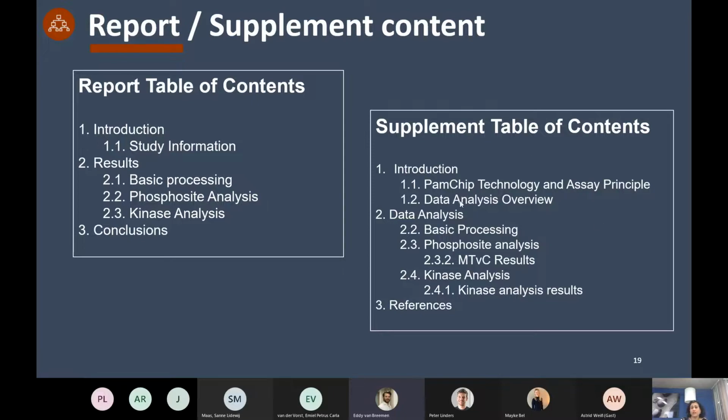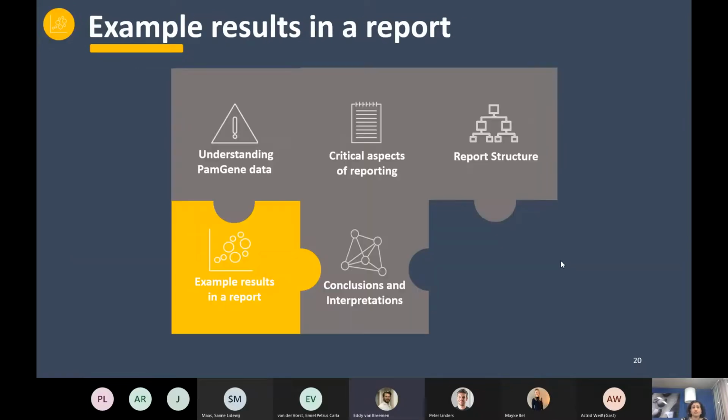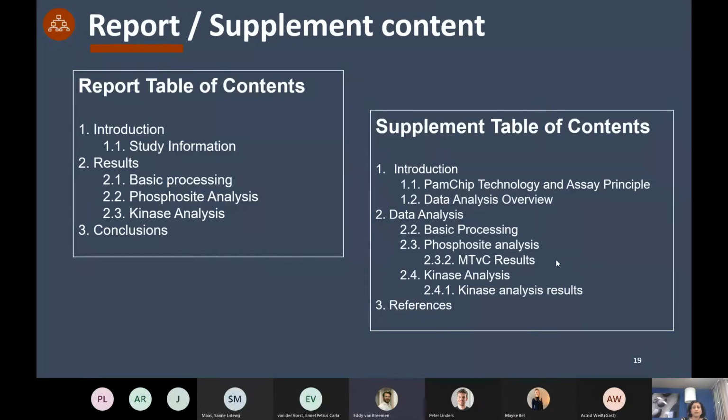And like we just said, everything else mostly goes into the supplement with all the details, explaining the technology, the data analysis overview, and also additional visualizations that help you to understand the data better. Here we, of course, have to choose. We sometimes don't have to present everything, but sometimes it could be interesting. So any questions up to now?